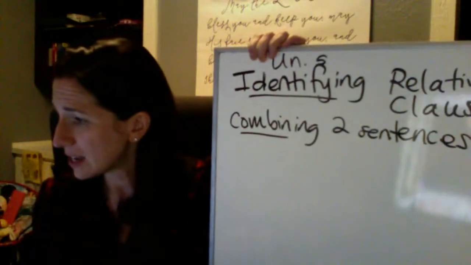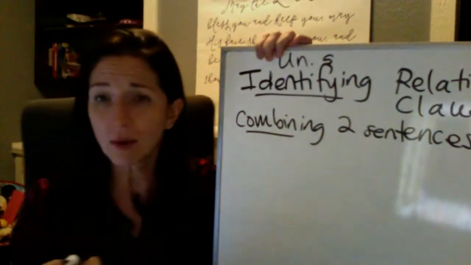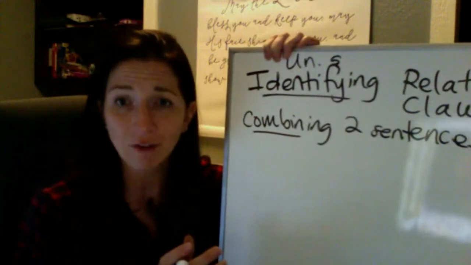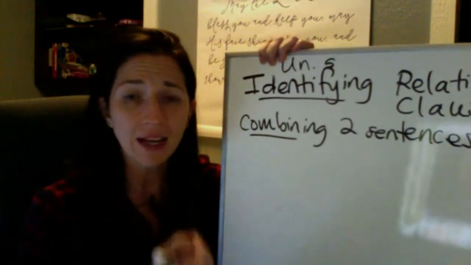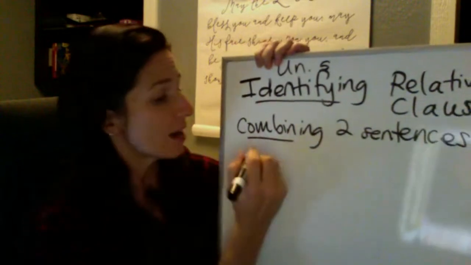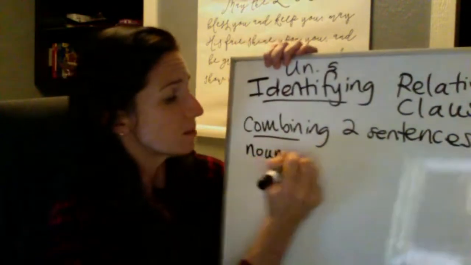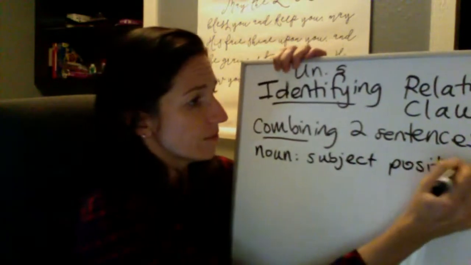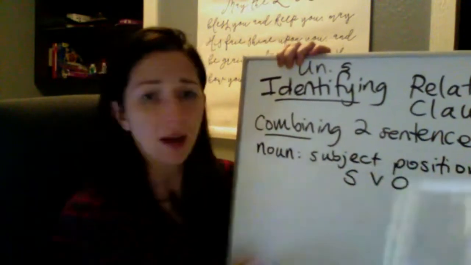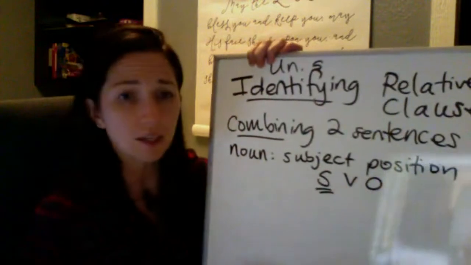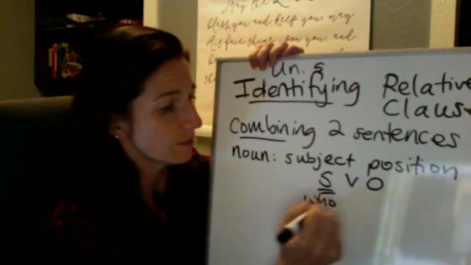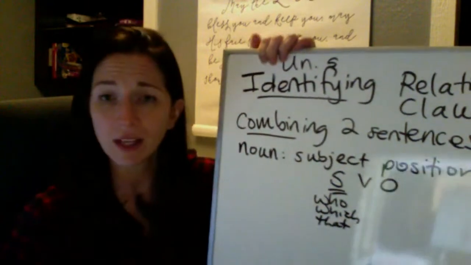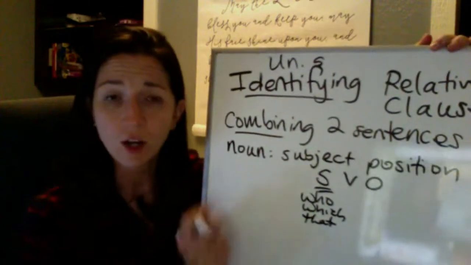Now I want to talk for just a second about subject versus object. It can make a difference. When we're combining the two sentences, if the noun is in the subject position, and as you remember, English is subject, verb, object, we can use who, which, that, or whose, but really we're concerned mostly about who, which, or that.